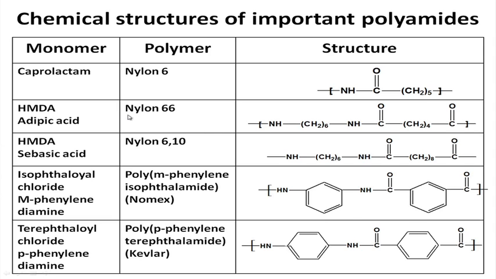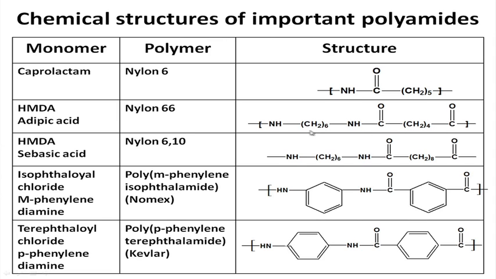Here this nomenclature nylon 6,6, the numerical figures 6 and 6 come from the number of carbon atoms in the amine part and the number of carbon atoms in the acid part.